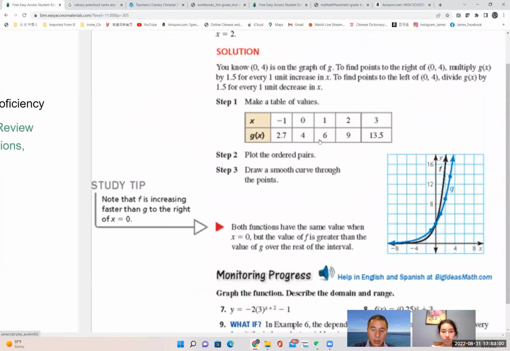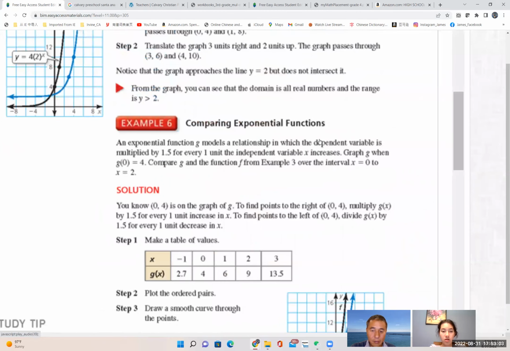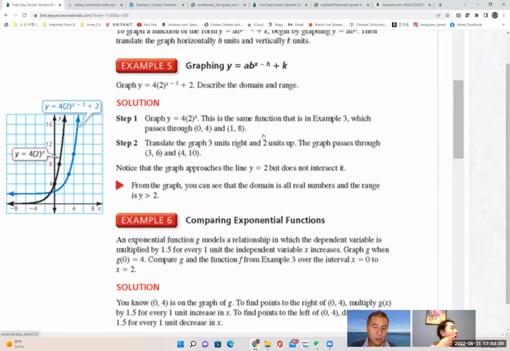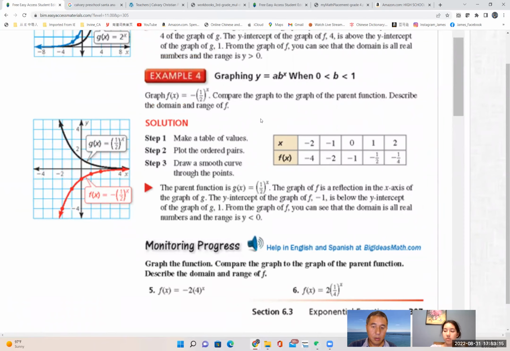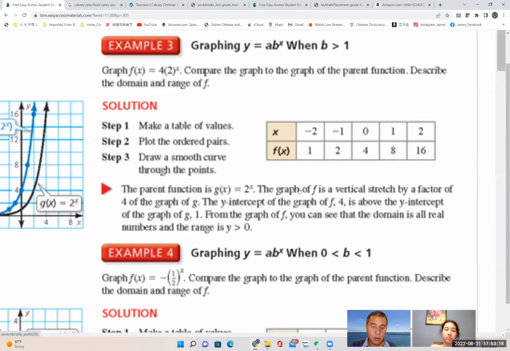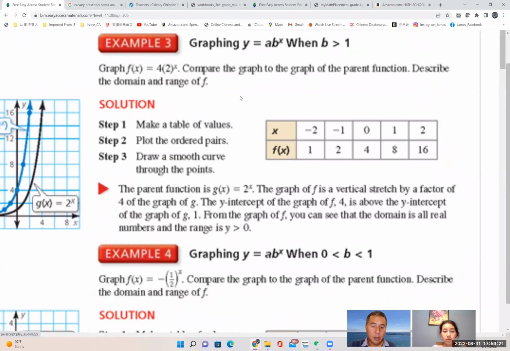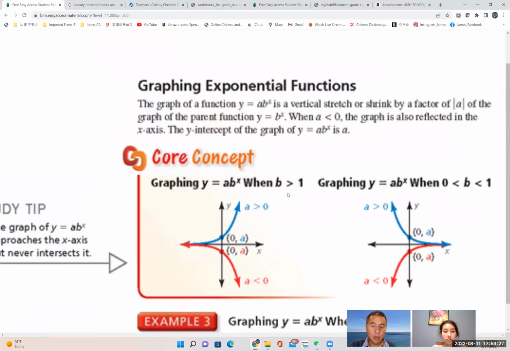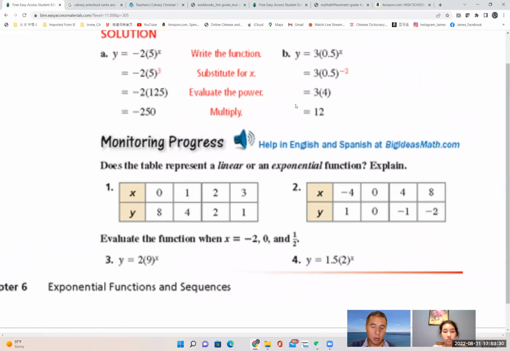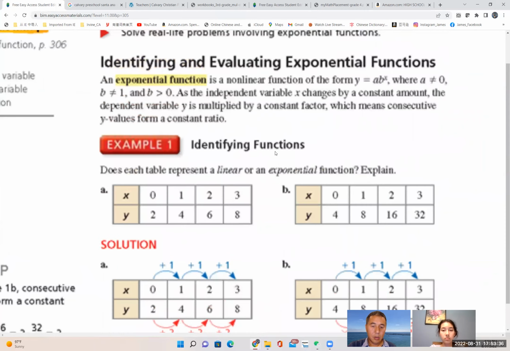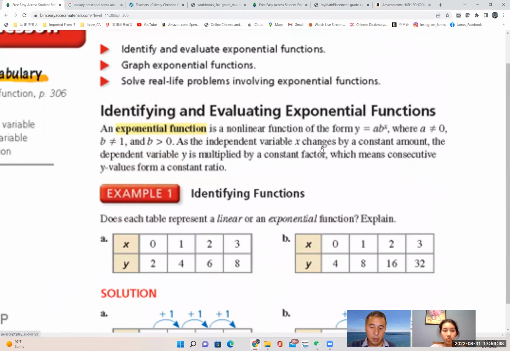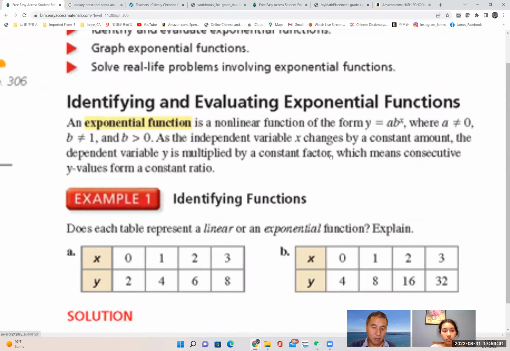Increase faster than. I'm not sure if we can find one. Oh, maybe we can find something from here.